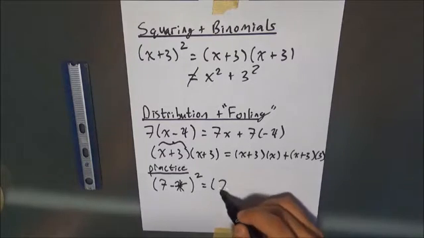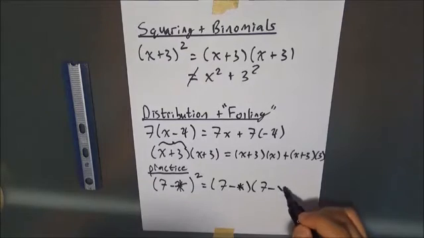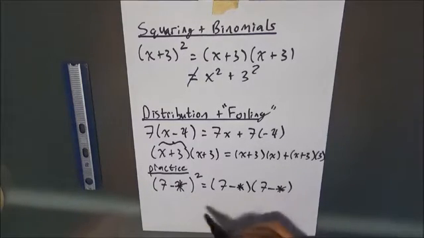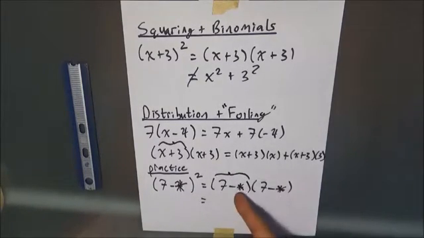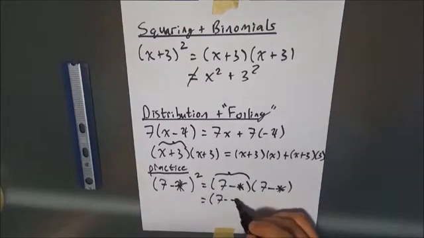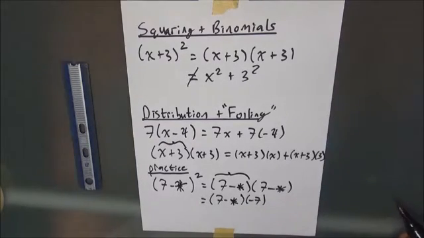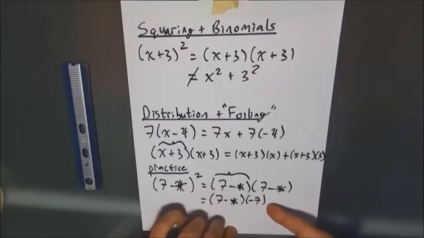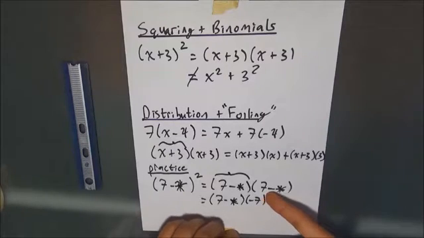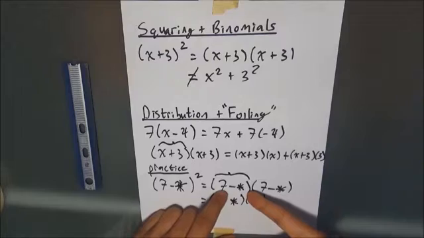Okay, the first thing you should have done is use the definition to rewrite it, and then think of this as its own term and apply it to the other terms. You get 7 minus star times 7, and then this part probably tripped you up, but what I'm going to do is think about it as negative star times 7 minus star.